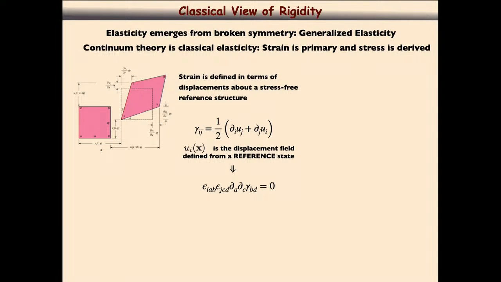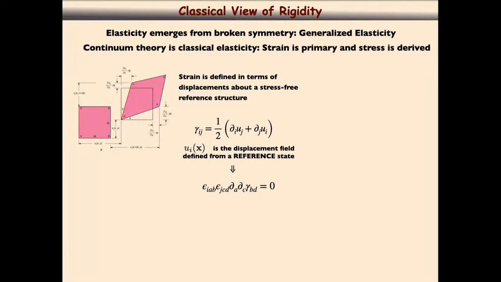Even thinking about it macroscopically from a continuum perspective, what is really fundamental in the standard way of thinking about rigidity is strain. I have some reference structure, let's say a square here. I have distorted it, and I represent the distortion by a strain tensor, constructed from displacement fields, which are vectors: every point here gets displaced. So that's this displacement field. Strain is fundamental.